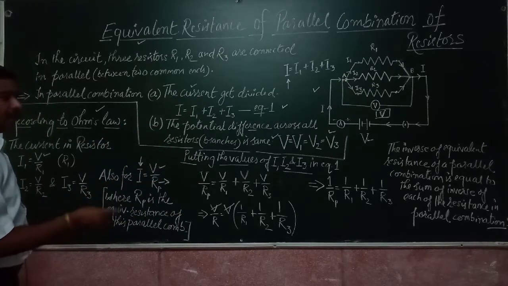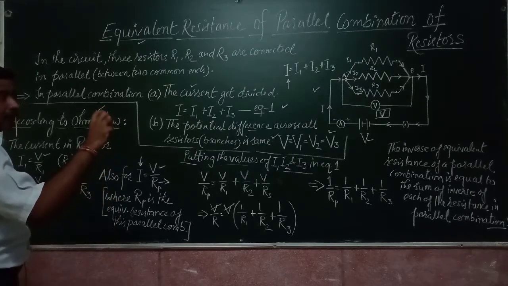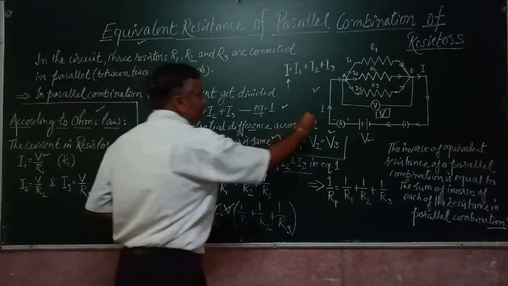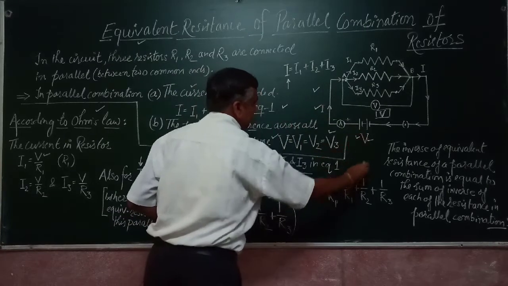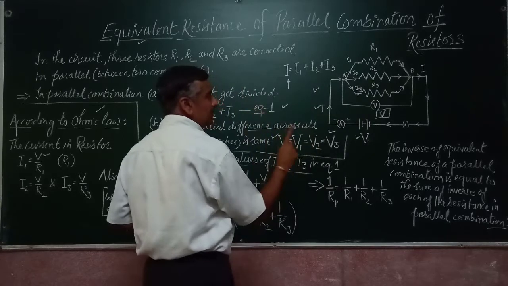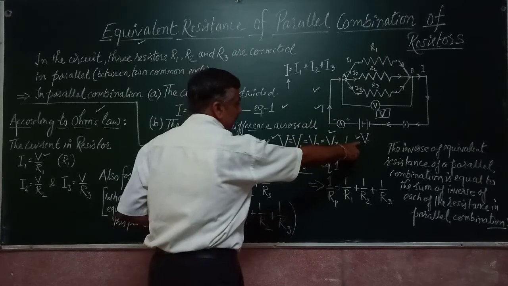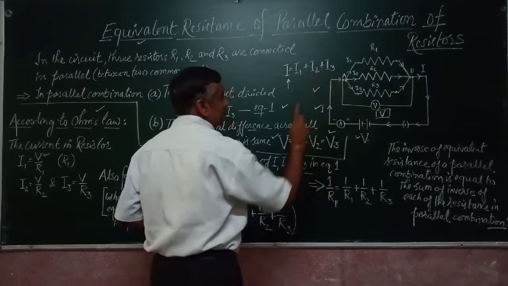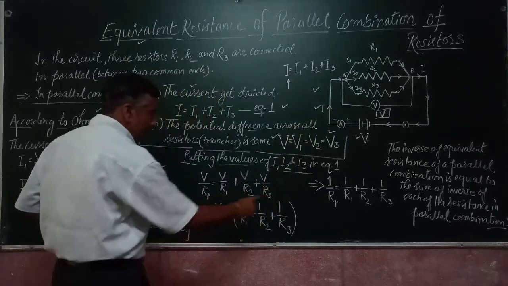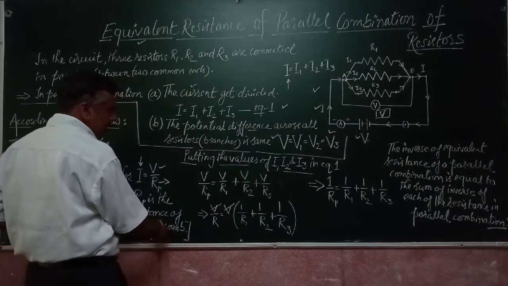It is the single resistor that can replace all three resistors while the amount of current and potential difference remain the same. That single resistor is known as the equivalent resistor of this parallel combination. So Rp is that equivalent resistor.